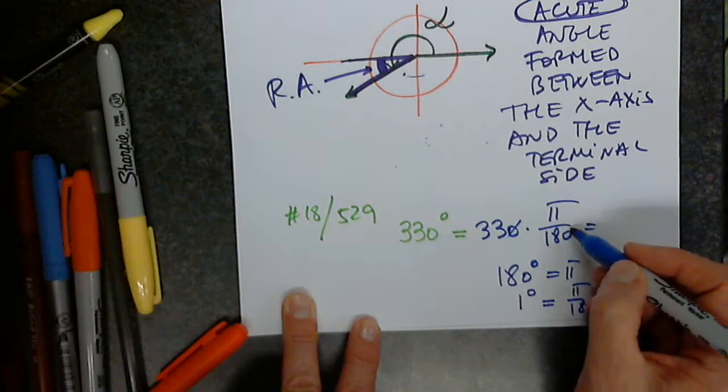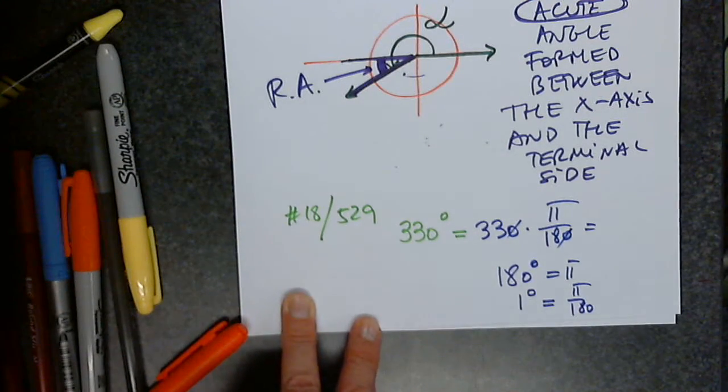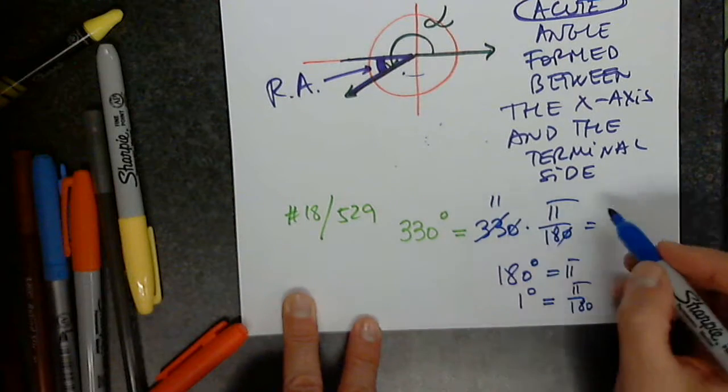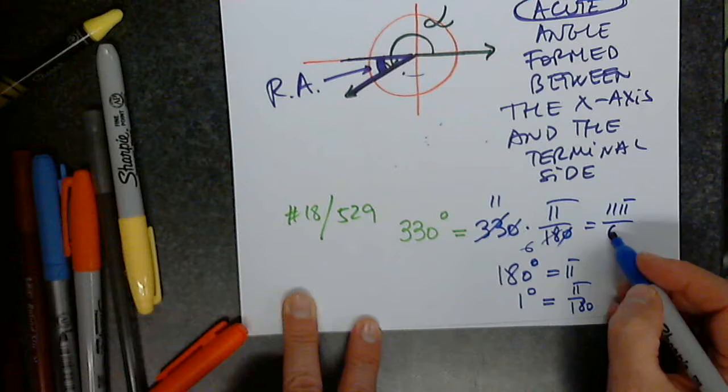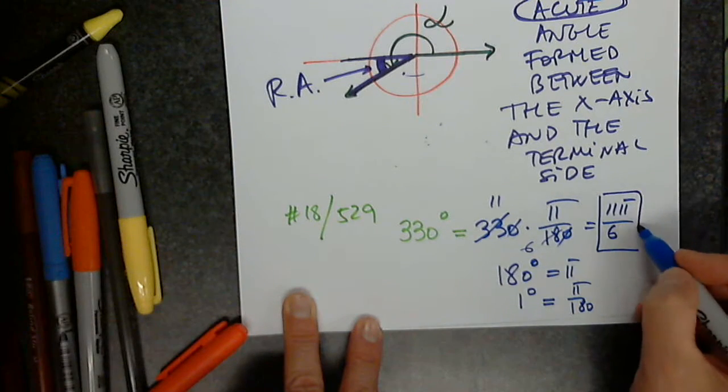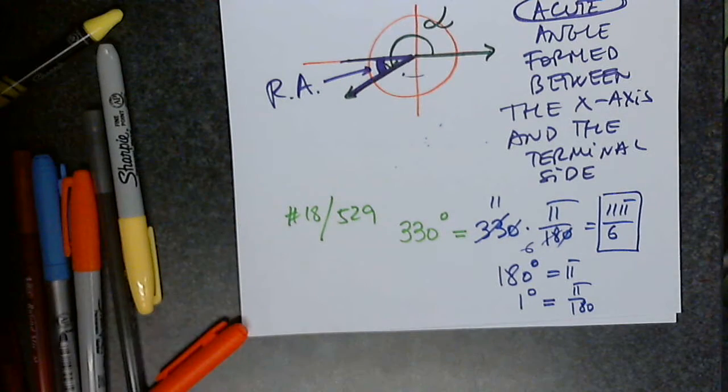I will simplify 0 with 0. I will simplify by 3 and by 3. And I will leave it as is, as 11 pi over 6. I don't have to write the measurement unit. It's understood. So 11 pi over 6 means radians.